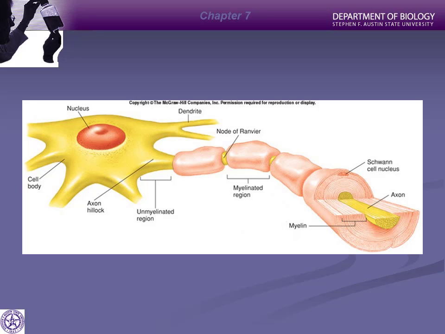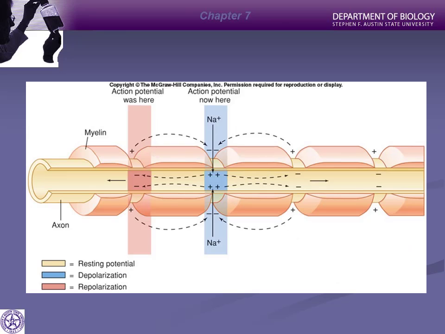That's what makes it faster. This used to be called saltatory conduction, skipping, because that's the conceptual idea. But it just increases the flow of our ions, because the sodium that comes in at this node, when that sodium comes in, it spreads in all directions.